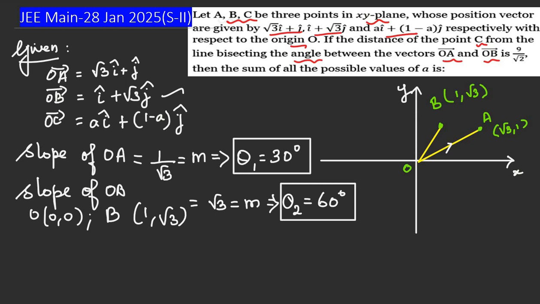Now from the question, the line bisecting the angle between the vectors OA and OB. So let this be the line bisecting OA and OB.